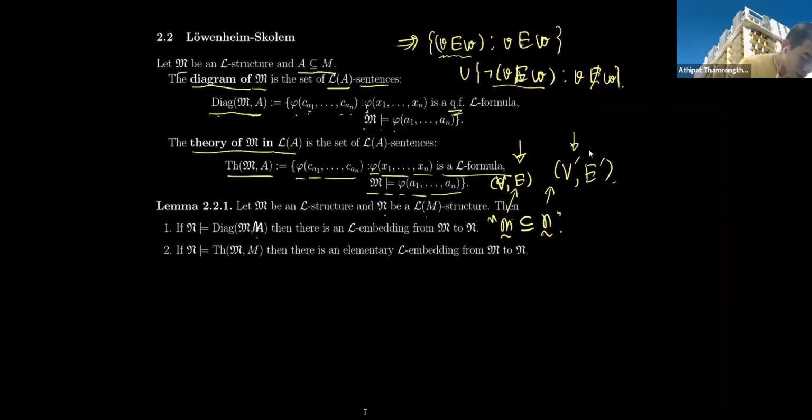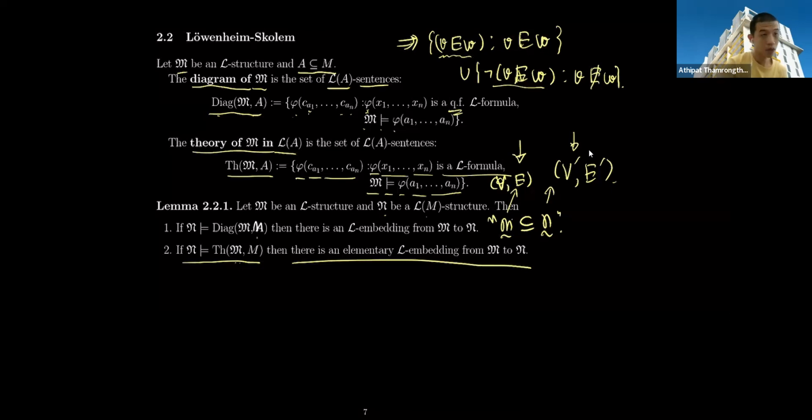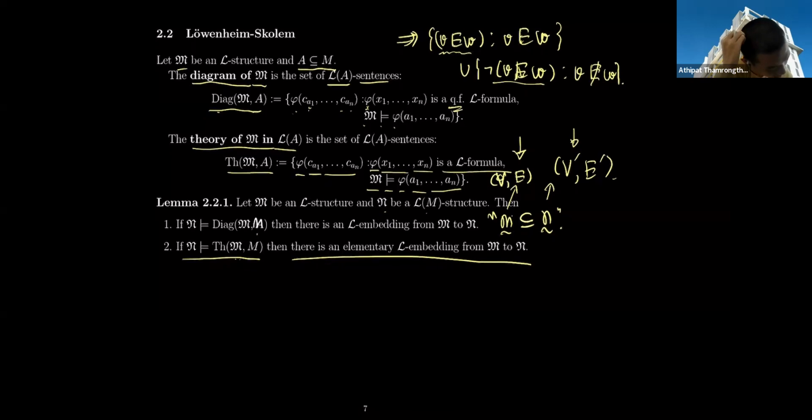And similarly, you can also show that if N is a model of the theory of M in L_M, then there is an elementary L embedding from M to N. Okay, so I think that clarified my vague argument above.